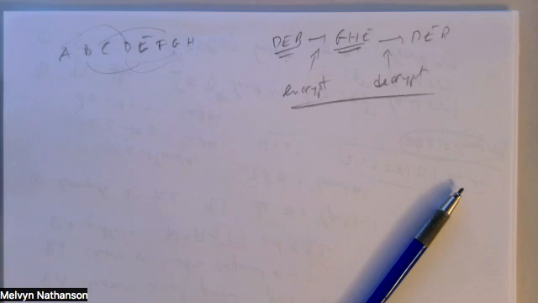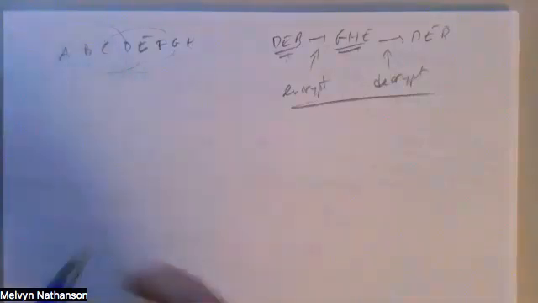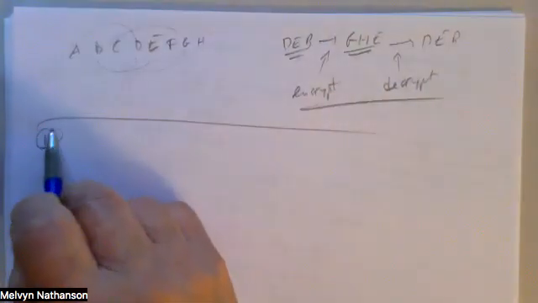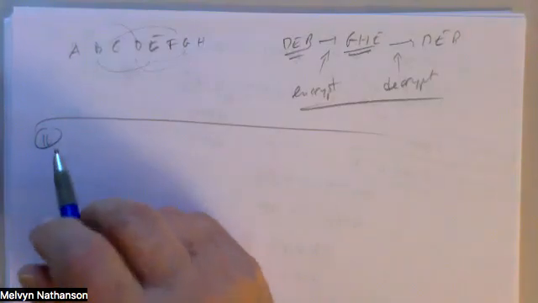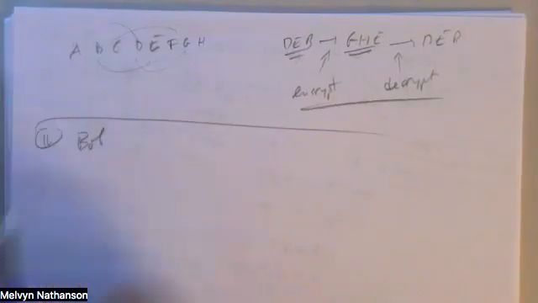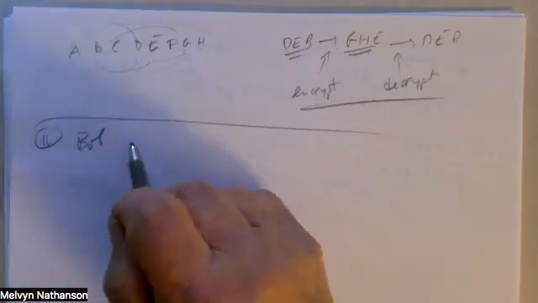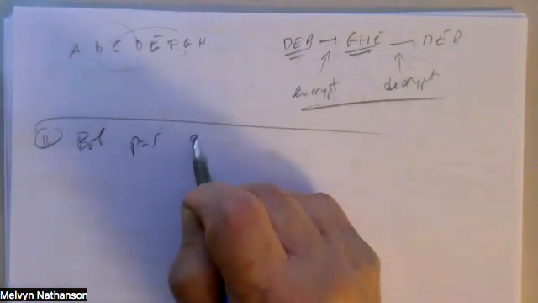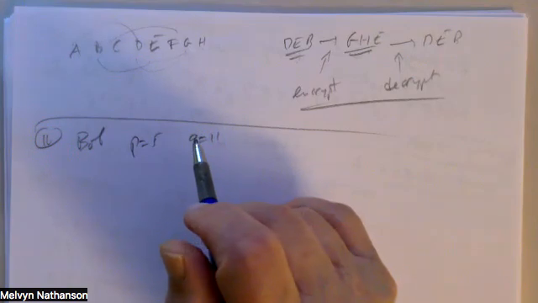Number 11, with the RSA public key crypto, the deciphering. So in problem 11, Bob seems to like 5 and 11. So he chooses the prime P equal 5, Q equal 11.